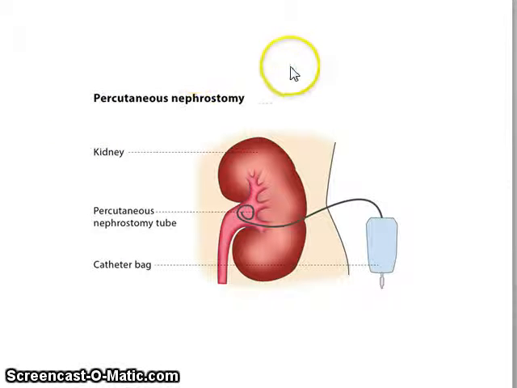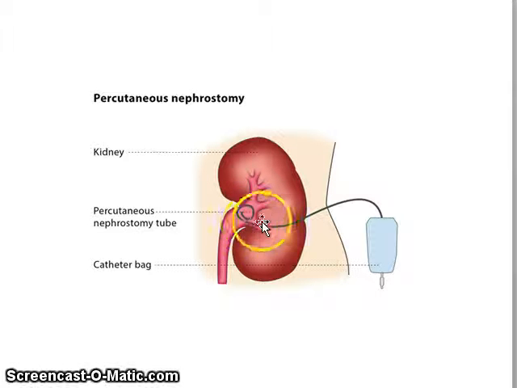So a percutaneous nephrostomy tube is a similar procedure, and I like this picture because it shows the calyces. So remember, you've got minor calyces, and then 2 or 3 minor calyces joined together to form major calyces. And so these are the urine collecting structures, and then the 2 or 3 major calyces join together to form the renal pelvis.